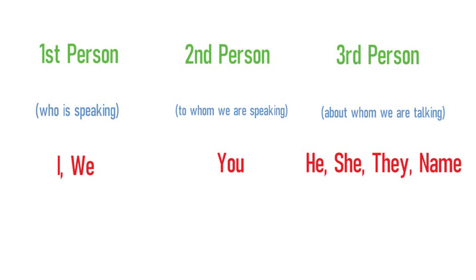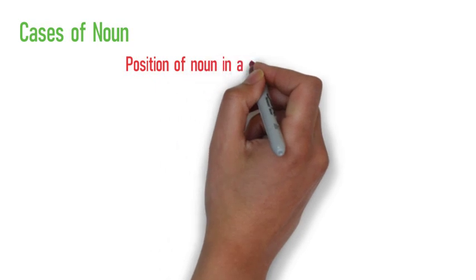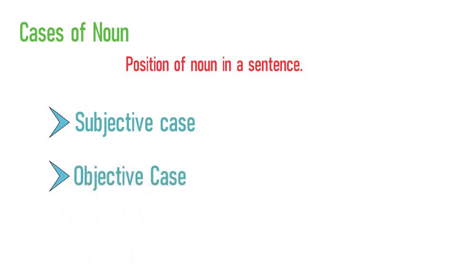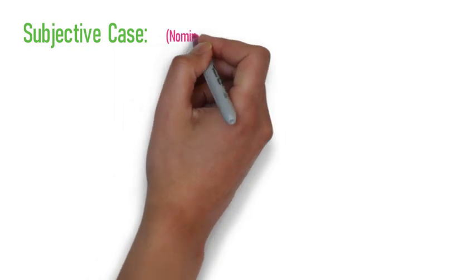Cases of noun. The cases of noun tell about the position of a noun in a sentence. It is either subjective, objective, or possessive. Let's look at them one by one. Subjective case. Subjective case is also called nominative case.